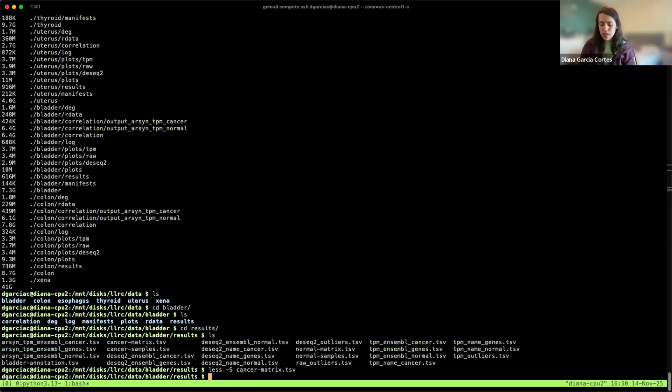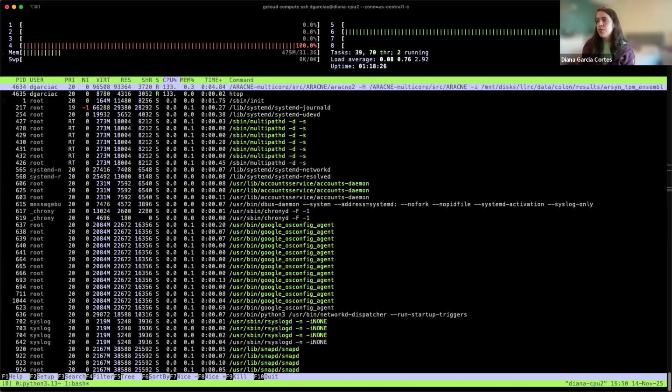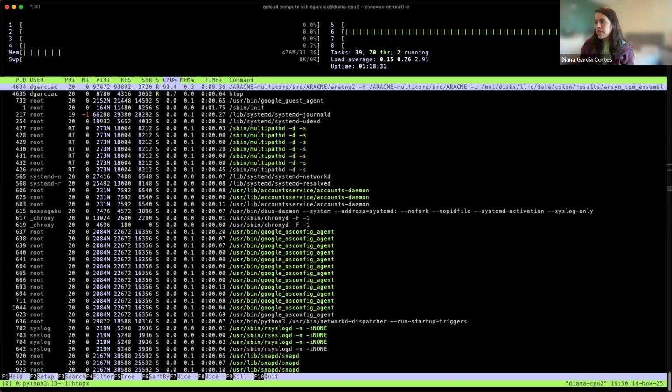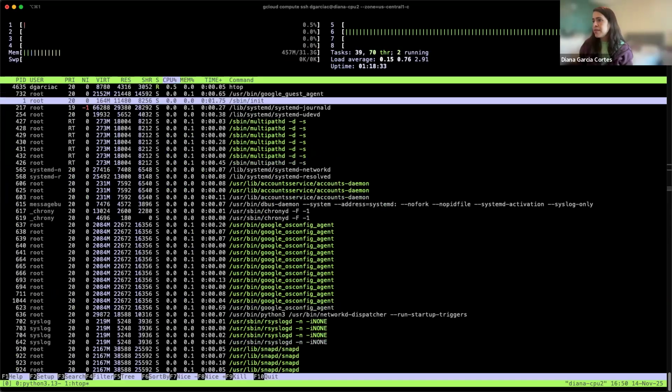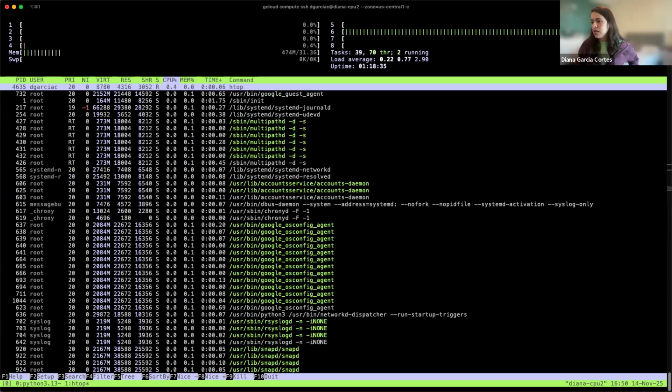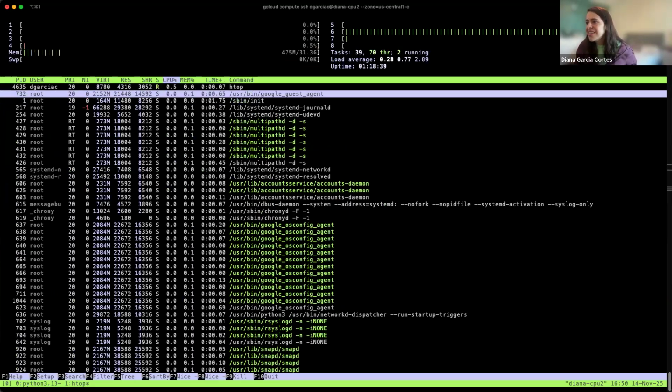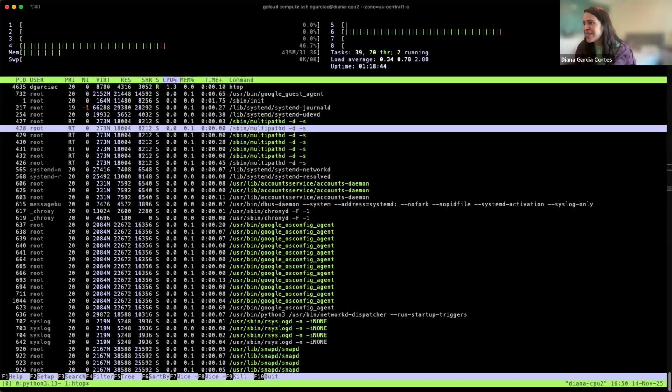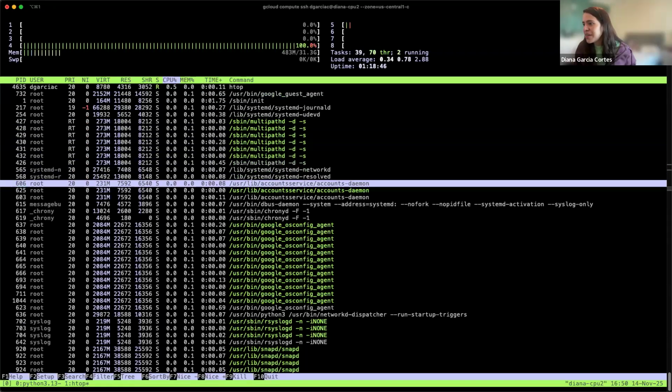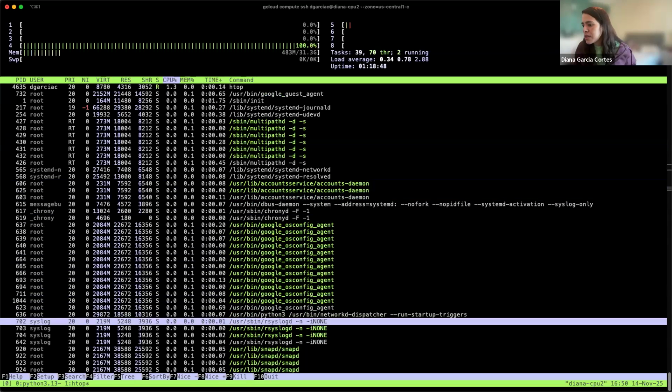Okay, so now the task is actually starting, and if we check our htop command, the task was there in the beginning.